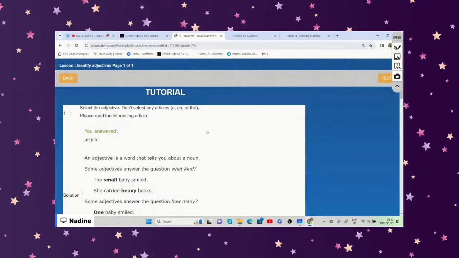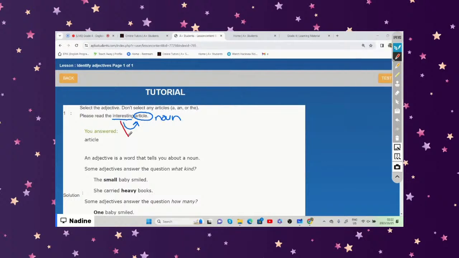All right, so if we select the adjective within the sentence, we are going to select interesting, because article is our noun, and the word that tells us more about the noun and that tells us what kind, that answers the question what kind of article, is interesting, because it is an interesting article.